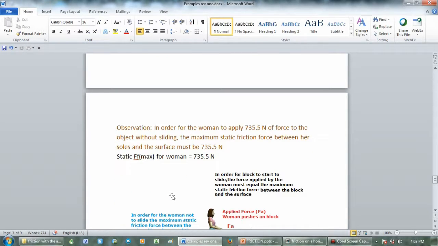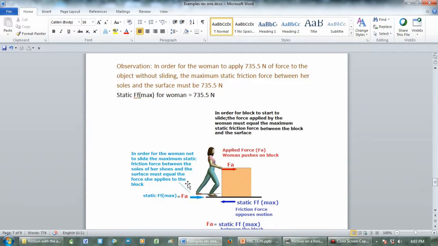Observation. In order for the woman to apply 735.5 newtons of force to the object without sliding, the maximum static friction force between her soles and the surface must also be 735.5 newtons.